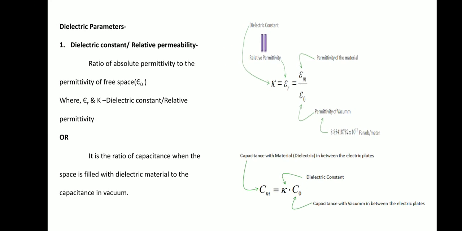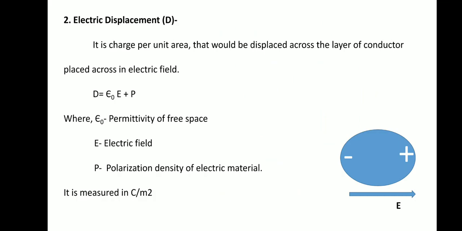Okay. Now next, the second dielectric parameter we can discuss is electric displacement. Electric displacement is denoted by capital D. It is nothing but charge per unit area.